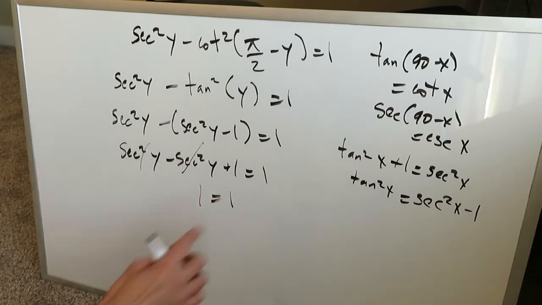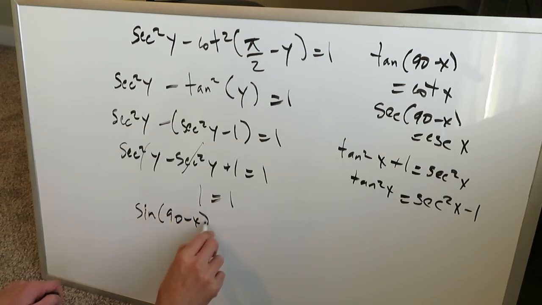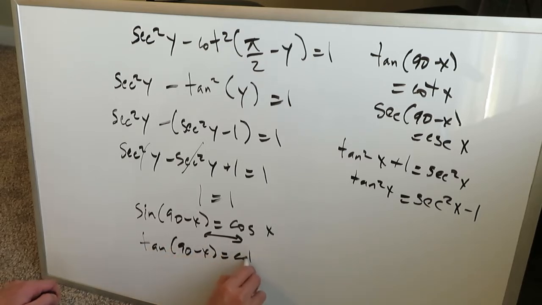So let me say over here again, if it was not clear for any of you, for these cofunction identities, the sine of an angle is equal to the cosine of its complement, and these work backwards in flip-flop. For tangent, it's also the tangent of an angle is equal to the cotangent of its complement.